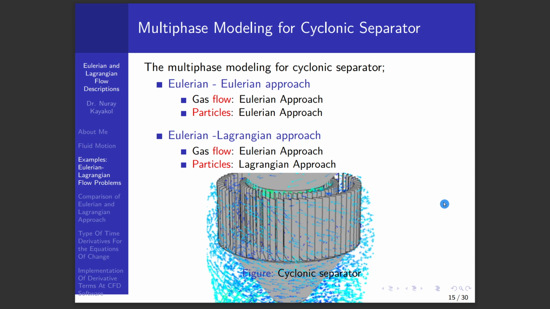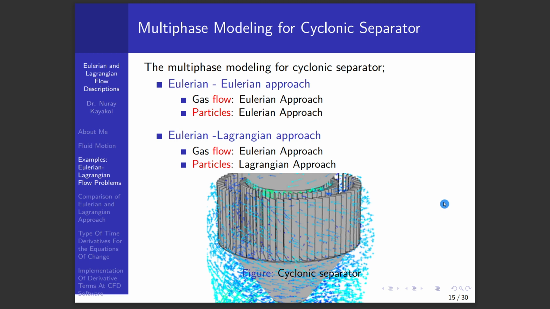One of the options could be the Eulerian approach. This means gas flow and particles are expressed using the Eulerian approach. The other option, particles can be tracked, but gas flow can be used as before using the Eulerian approach. Then we call this the Eulerian Lagrangian approach.